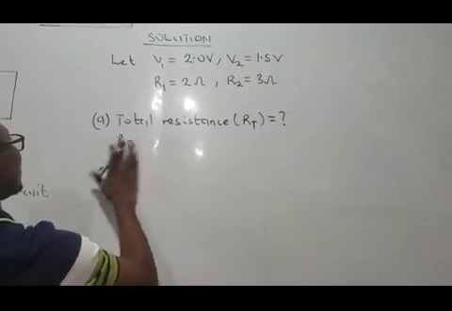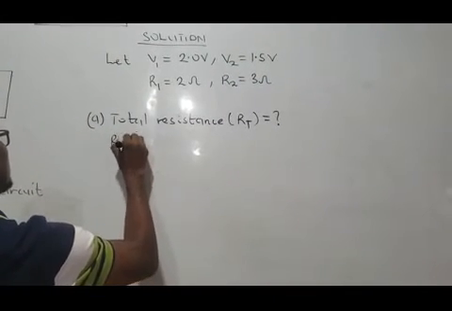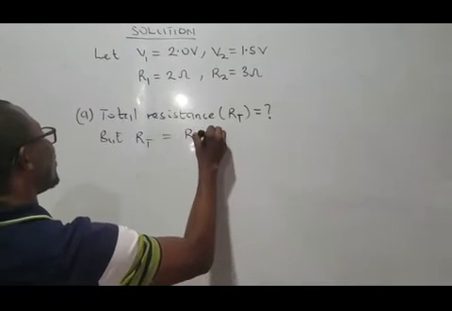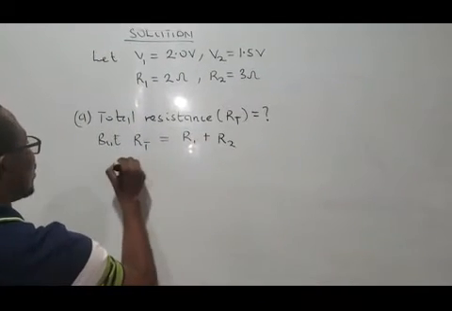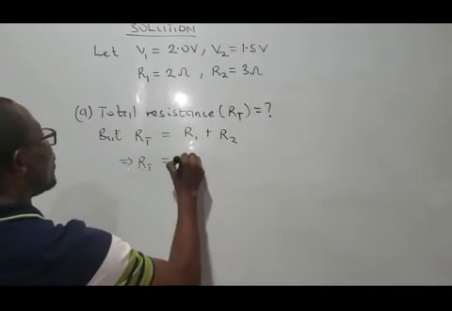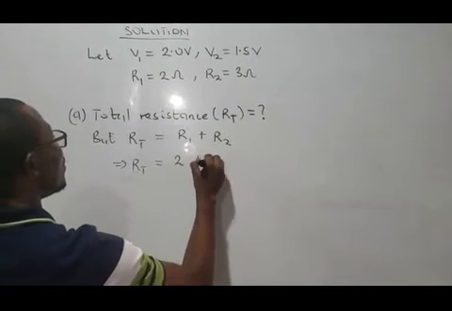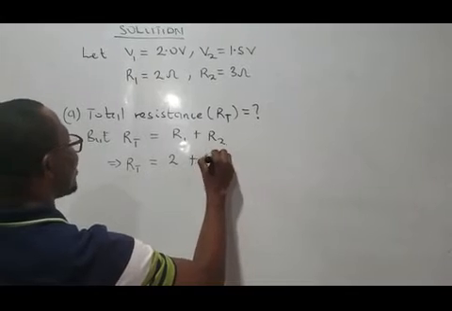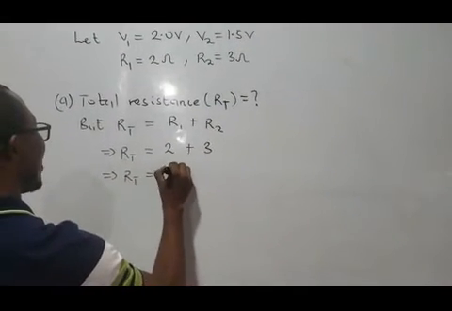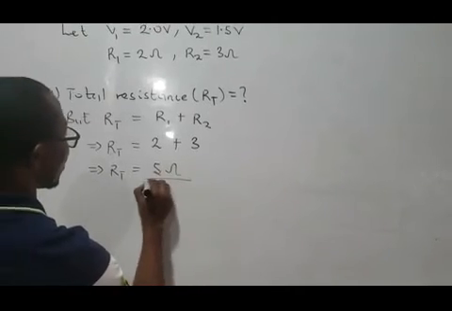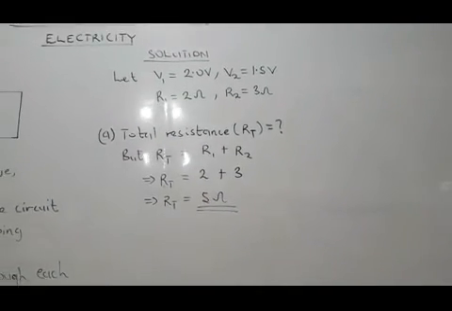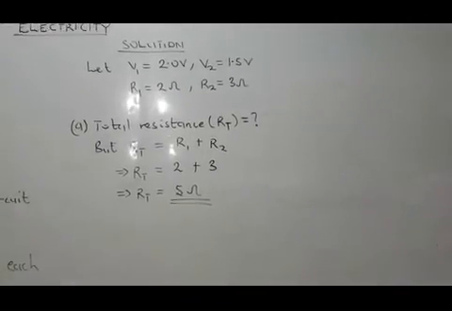So RT is equal to R1 plus R2. Our total resistance RT will be equal to R1, which is 2, plus R2, which is 3. That will be equal to 5 ohms. So the total resistance in the circuit is 5 ohms.